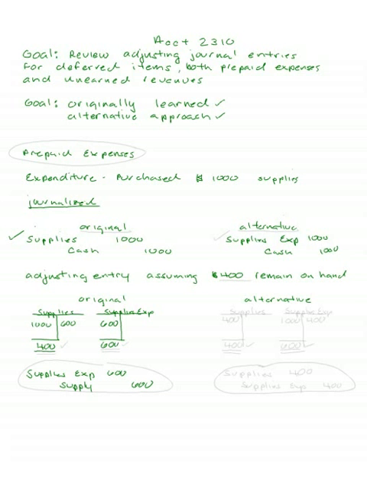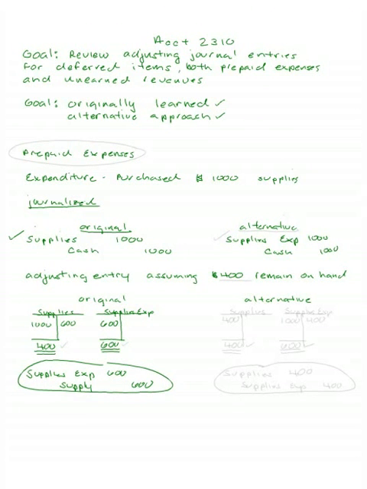I have supplies on hand of $400. That is correct according to my information. And supplies expense for the period is $600. So if you make your original entry into the asset account, this then is the adjusting entry.